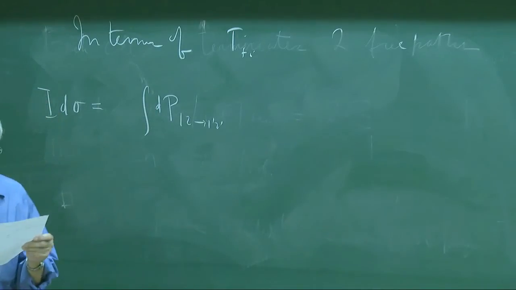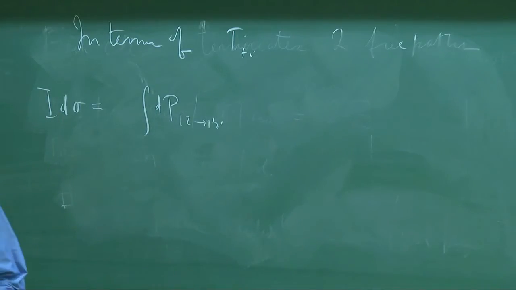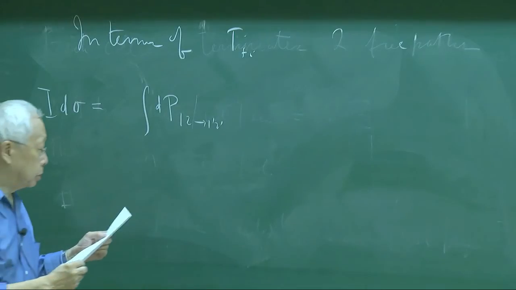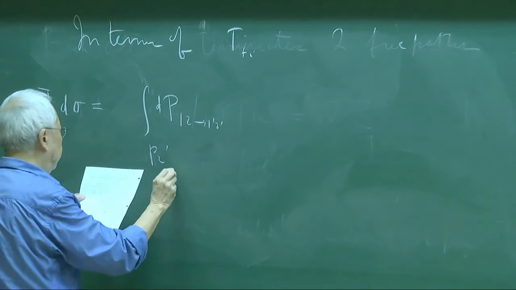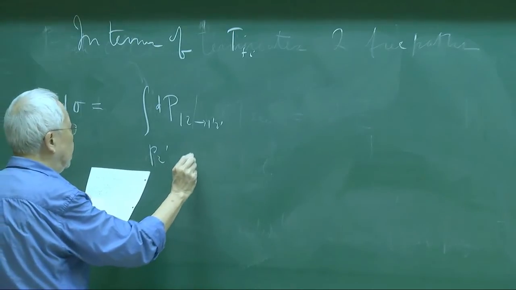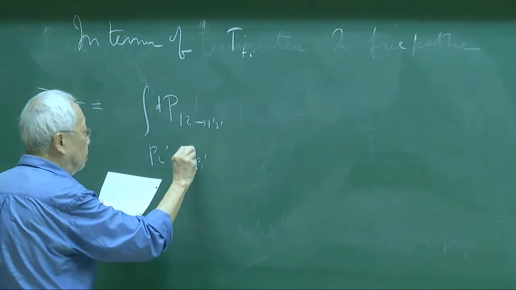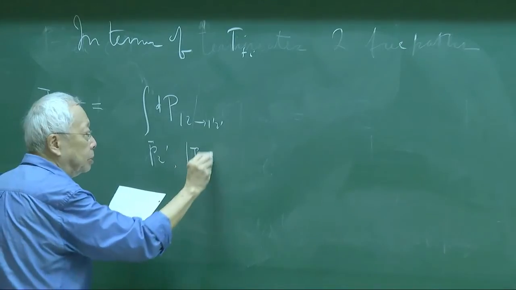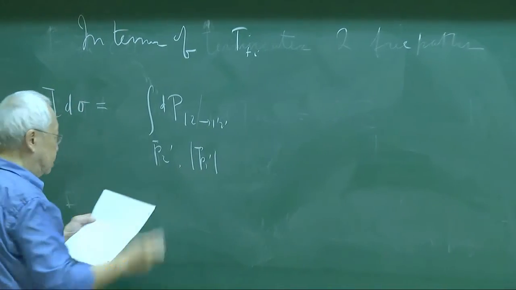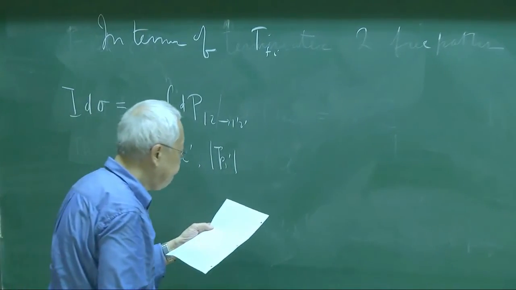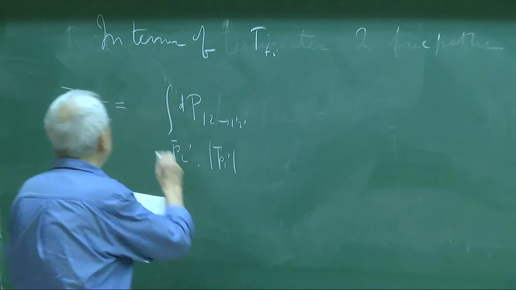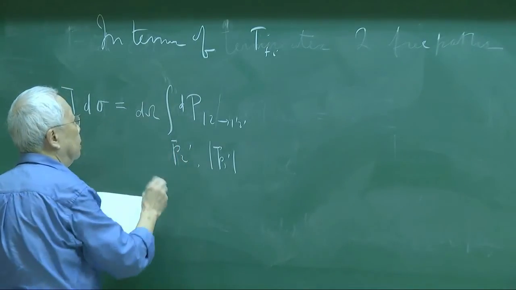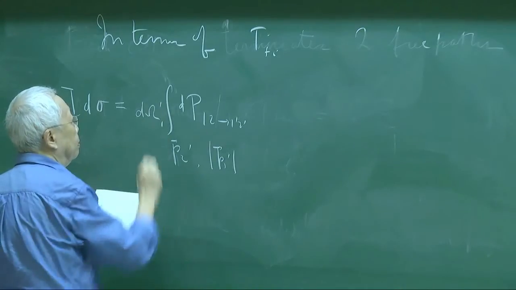The probability is the rate at which this process goes on. And you integrate over p2 prime and p1 prime, but only the magnitude, because you want to leave the dΩ free, times dΩ 1 prime.